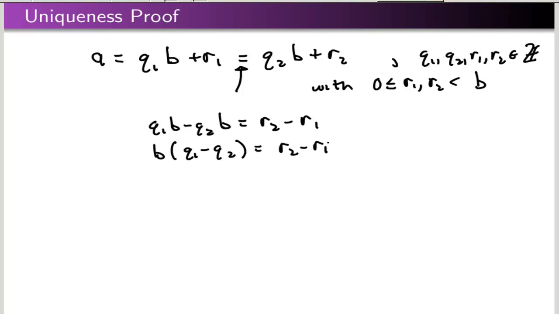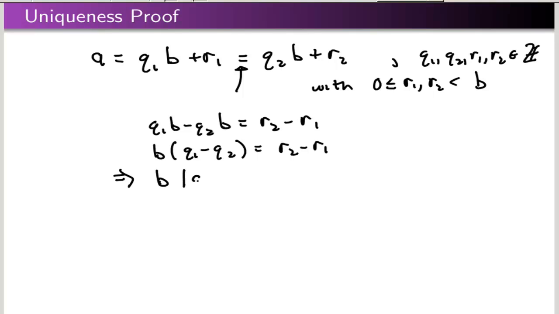So the left-hand side is a multiple of B, and how big is the right-hand side? Well, these two numbers are strictly less than B. So the furthest apart they could possibly be is B minus 1. So let's just take absolute values of everything here.